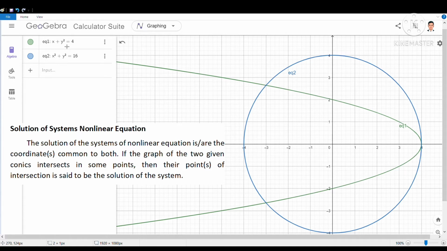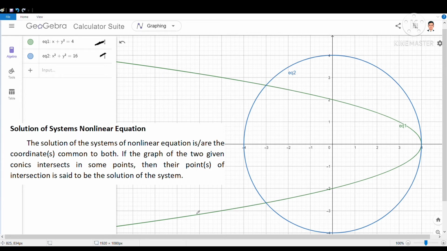Example, we have an equation here: x plus y squared equal to 4, and the second equation is x squared plus y squared is equal to 16. So let's represent x plus y squared is equal to 4 in our graph here.